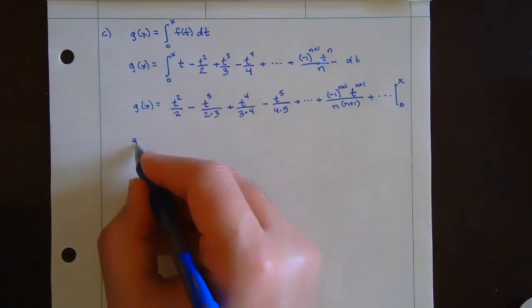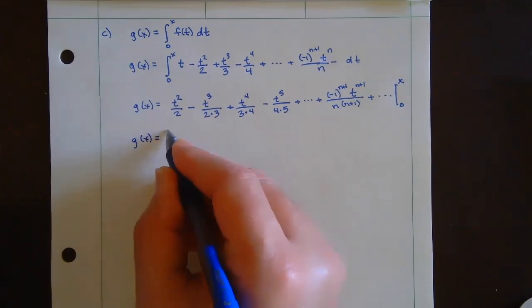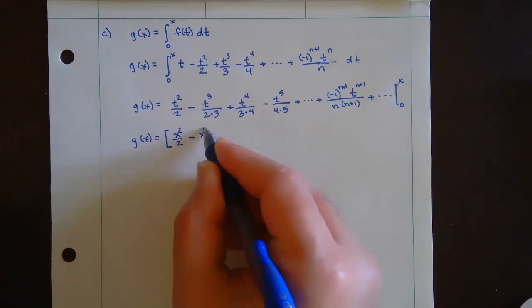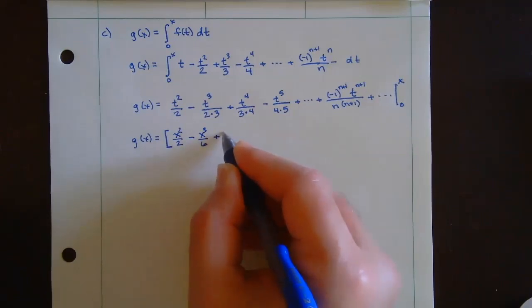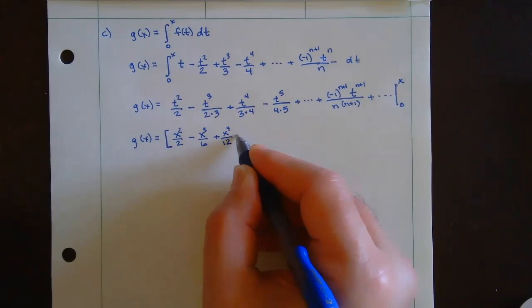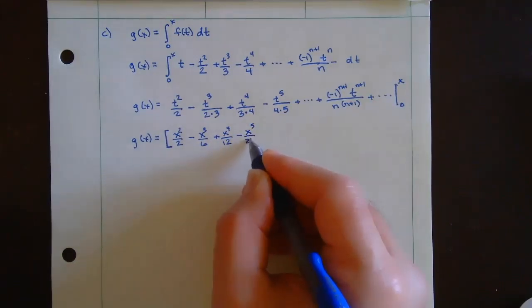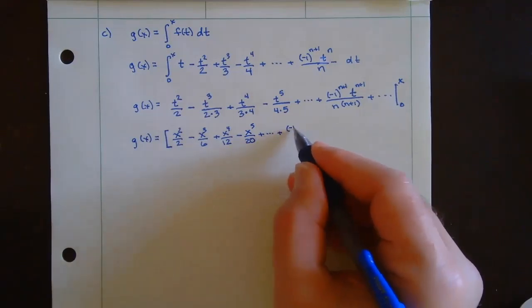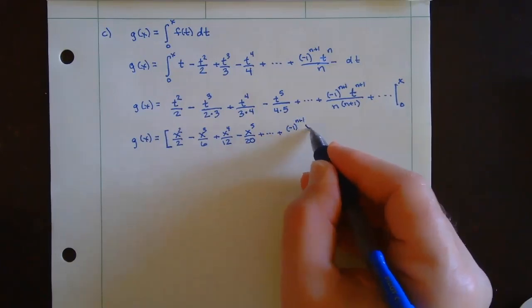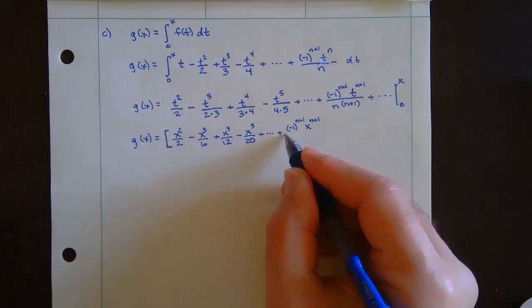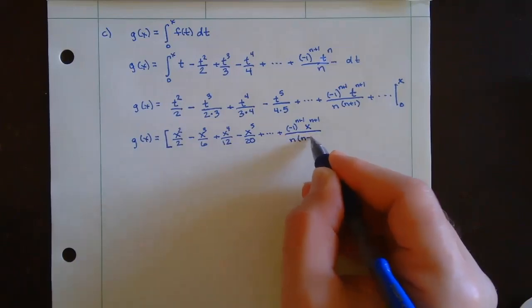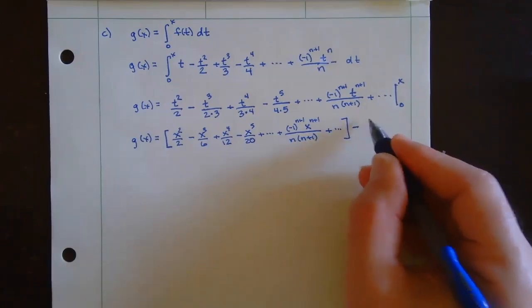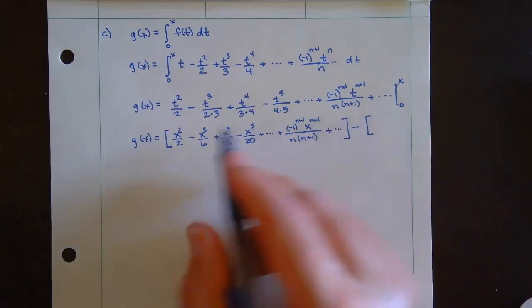So g of x is going to equal x squared over 2 minus x cubed over 6 plus x to the 4th over 12 minus x to the 5th over 20 plus ... plus negative 1 to the n plus 1, x to the n plus 1 over n times n plus 1, plus dot dot dot, and then minus 0.